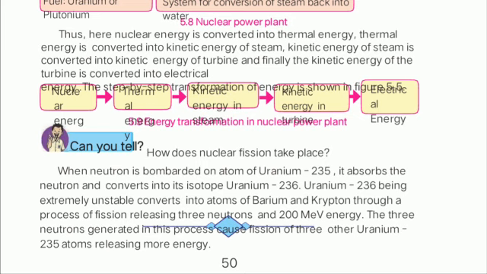During the breakdown, it will release 3 neutrons and 200 MeV of energy, which is the thermal energy released by the breakdown of only one uranium-236 nucleus.